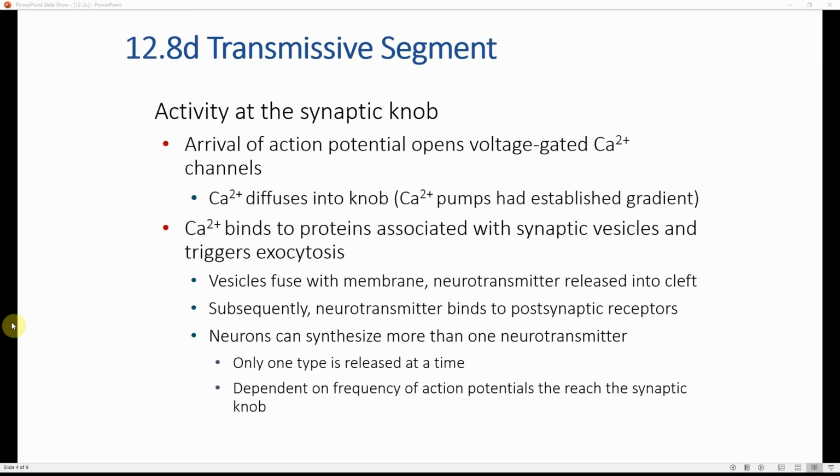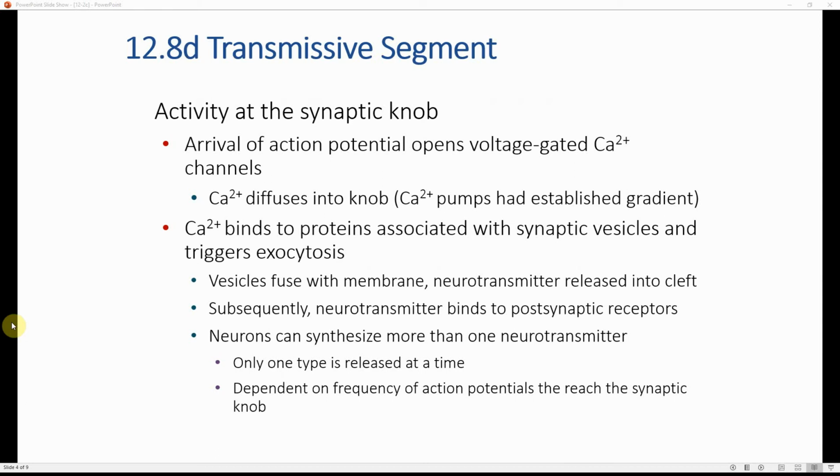Once we finally arrive at the synaptic knob, calcium is then going to diffuse into the knob. That action potential was able to open up electrically gated calcium channels, and we've had calcium pumps the whole time establishing a resting gradient where we've got a lot of calcium outside of the cell, and so that calcium then just diffuses in following its concentration gradient.